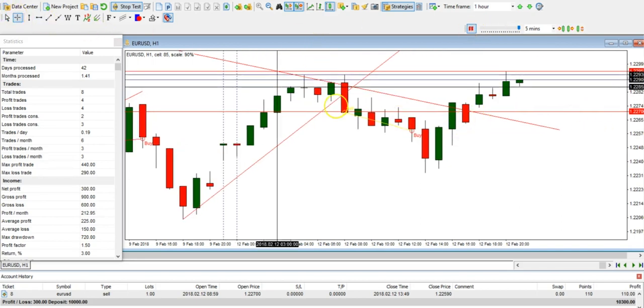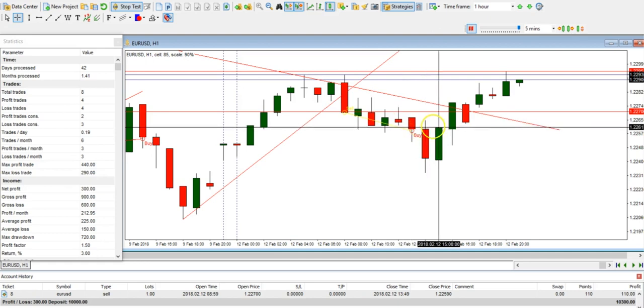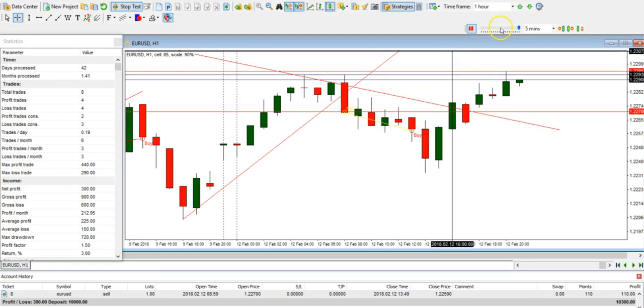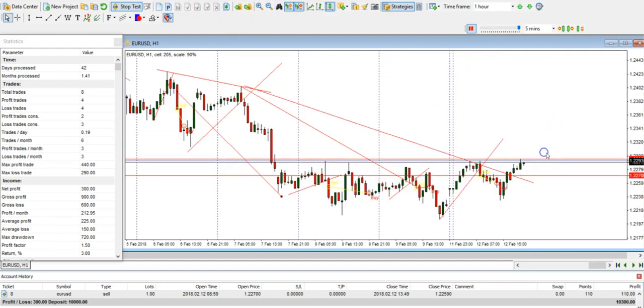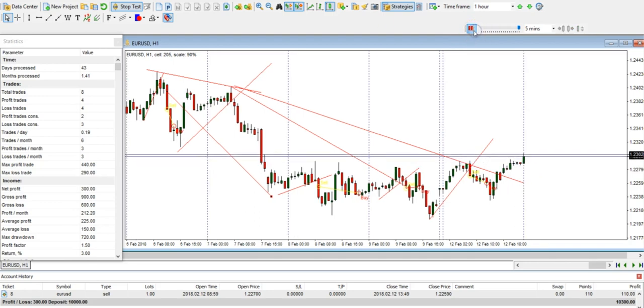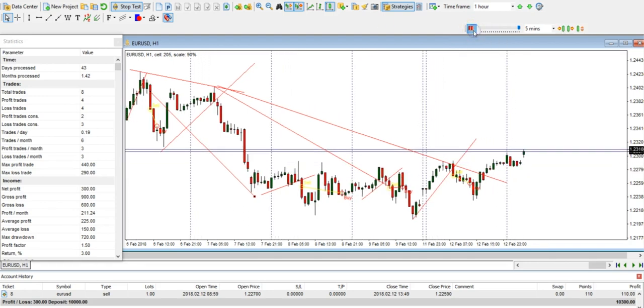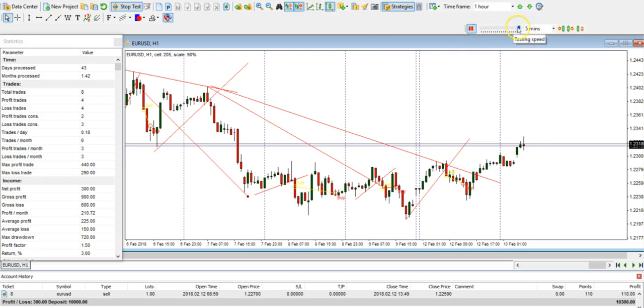Did drop down a little bit further, as you can see. Zoom out. Okay, done that quick. We are getting a lot of lines in the chart, but it's going good.